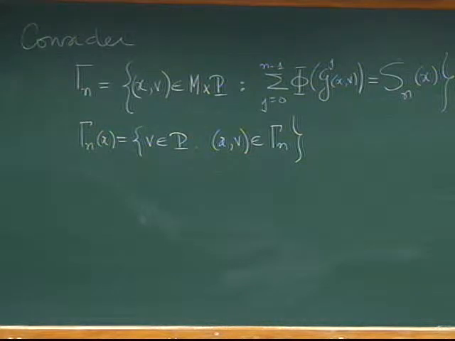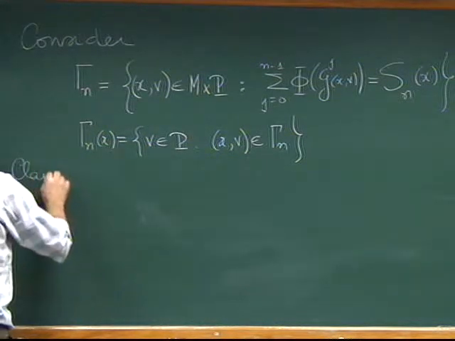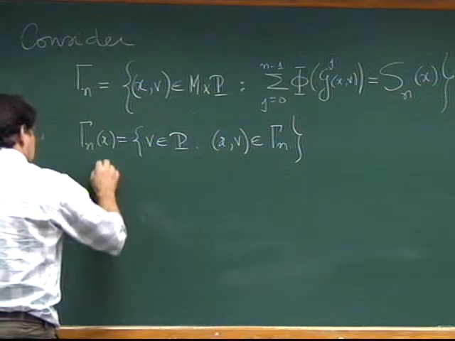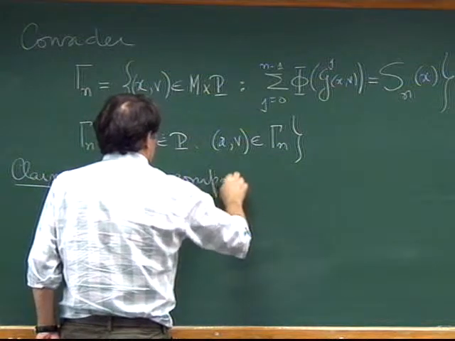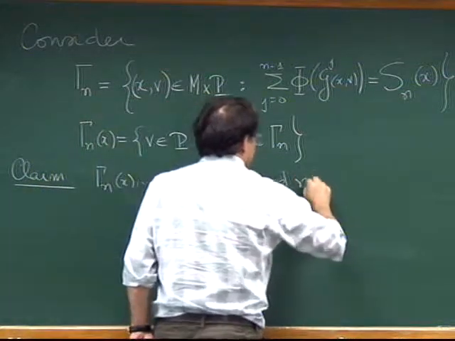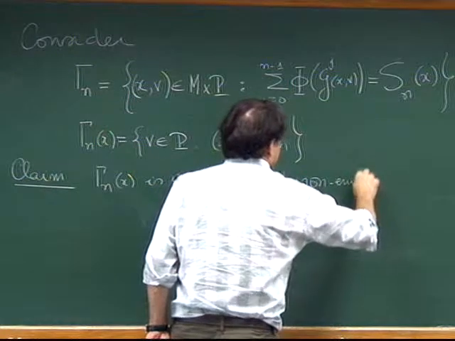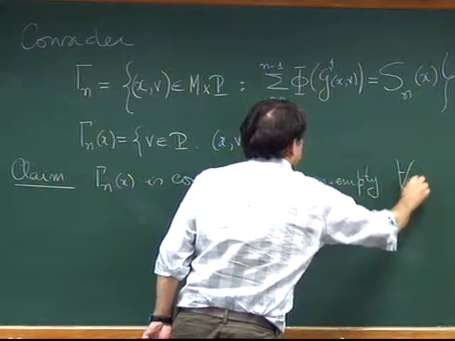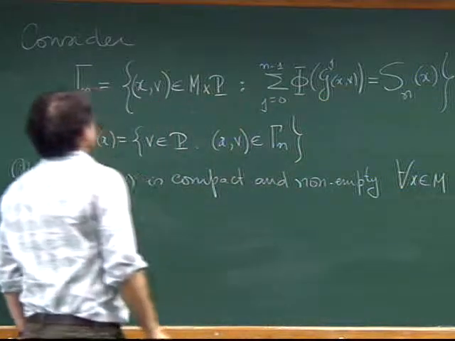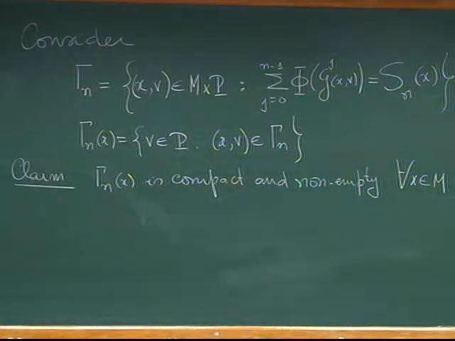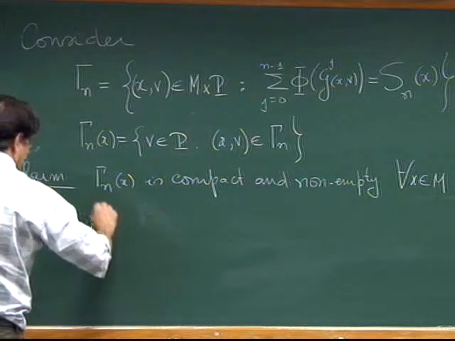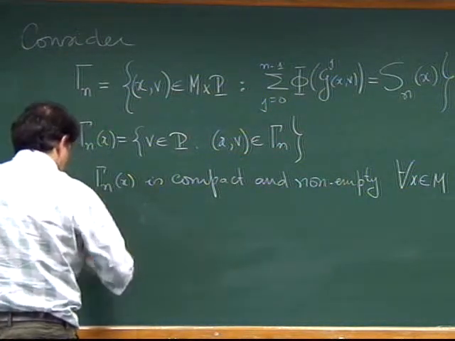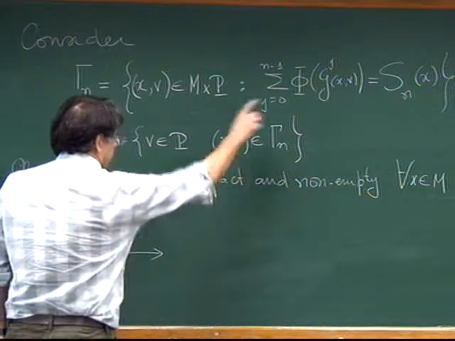Now, I claim that Gamma_n(x) is compact and non-empty for every x in M. And the proof is very short. You look at the function sending v to this expression here.